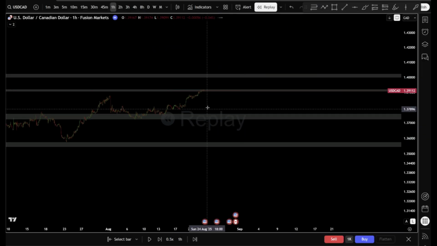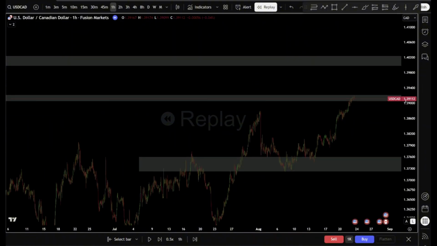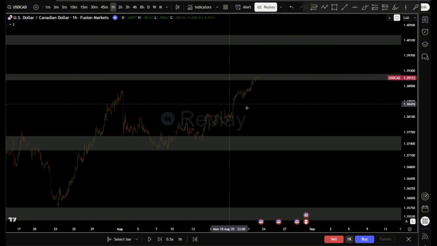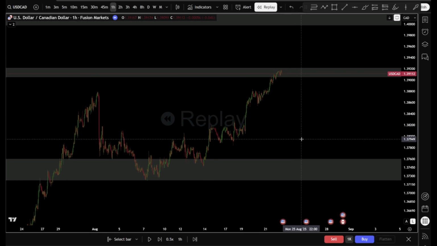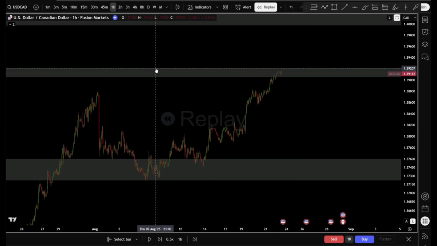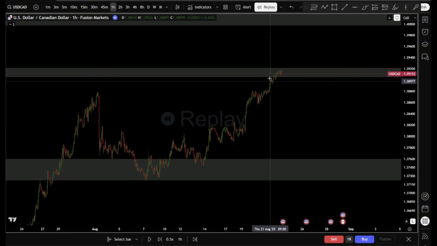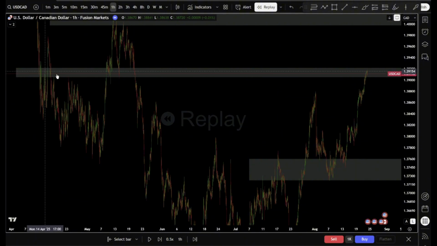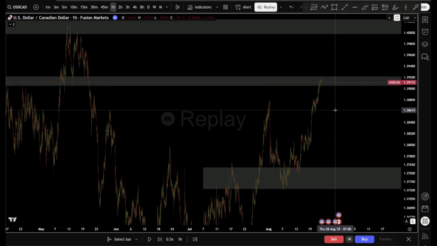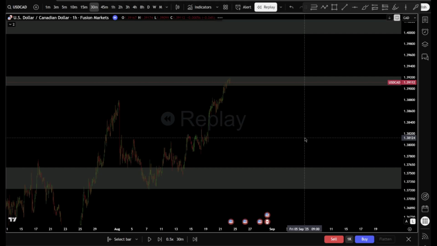So let's go in the 1-hour. We have to go into more detail if you want to come in for the news times, because the news happens very fast. So we need the lower time frames, but we will analyze in the higher time frames and the lower time frames. We see currently that it was in the resistance area right here. And we will go to the 30 minutes.